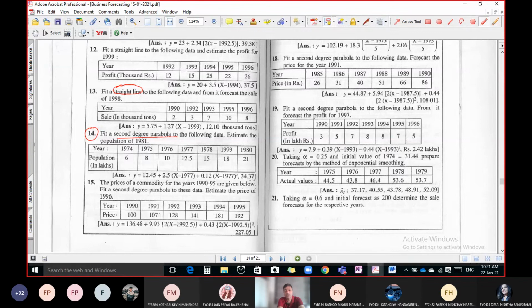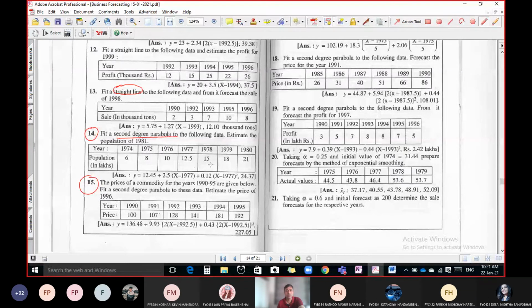Now let us do one more example. Question number 15. The price of a commodity for the year 1990 to 95. We have data for 1990 to 95 given below. Fit a second degree parabola to this data and estimate the price for the year 1996. What is the difference in these two questions?